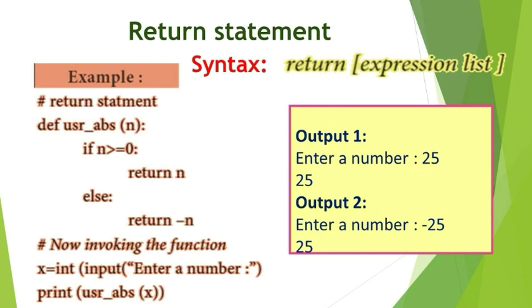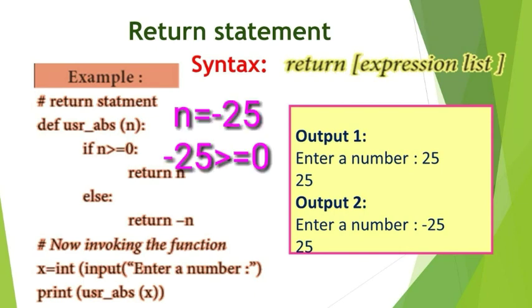And see the next output. If you are giving the value minus 25 for n, then check the condition. n is equal to minus 25, and is minus 25 greater than or equal to 0? Minus 25 is not greater than or equal to 0. So this condition becomes false. So you have to return the value minus n.